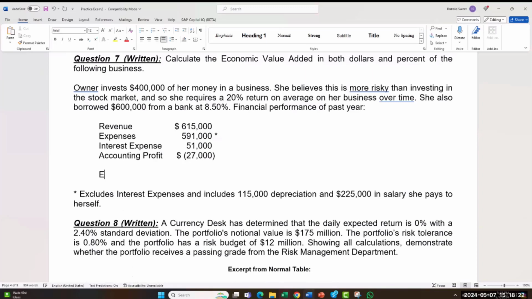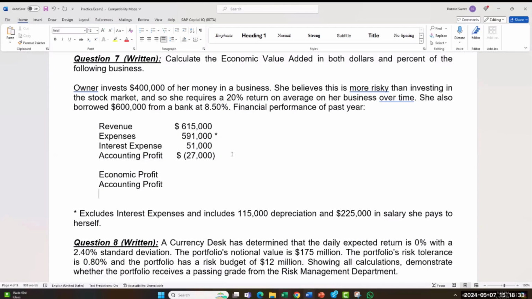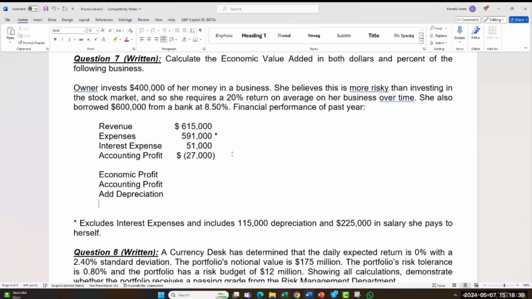So here we want to get economic profit for doing the economic value added, which is going to be accounting profit. And we're only doing 2 things. We're going to add back depreciation, and we're going to add back interest expense.